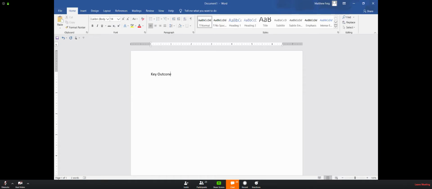Key outcomes for unit number 3, which is conservation of momentum and energy. This is what I would say.